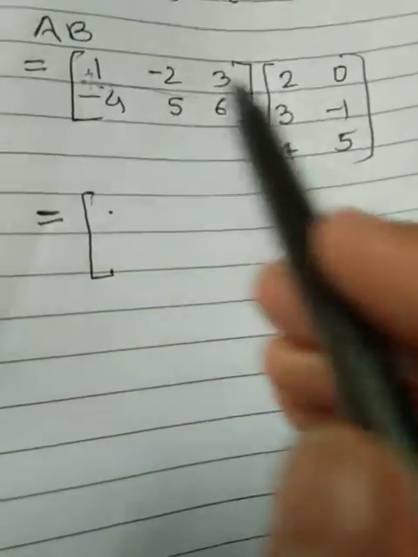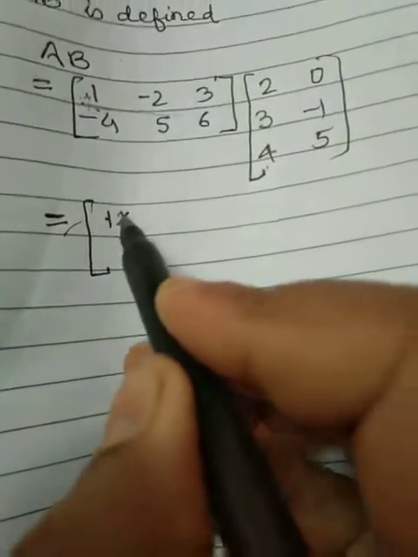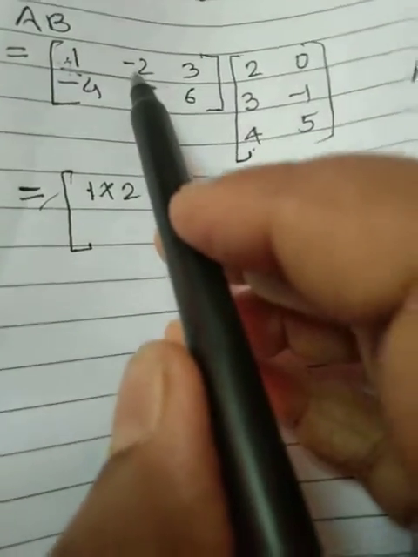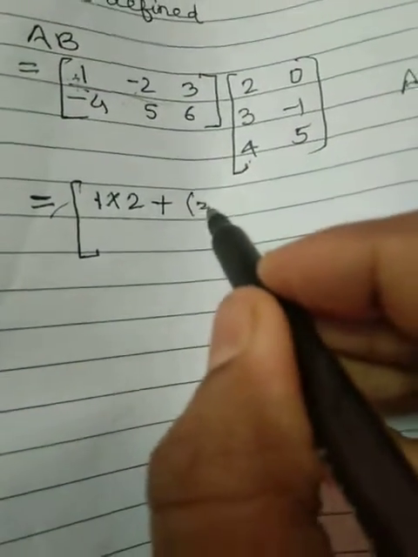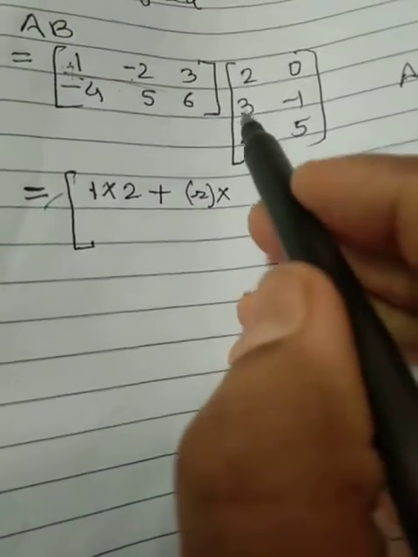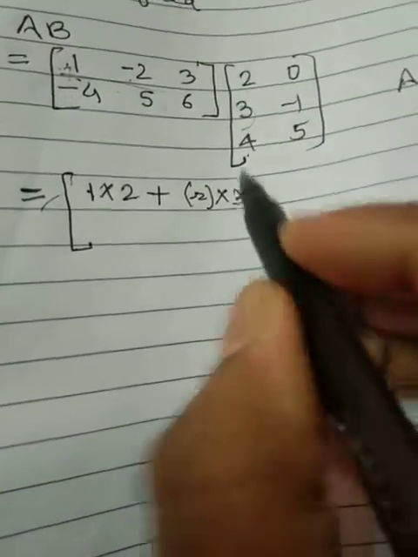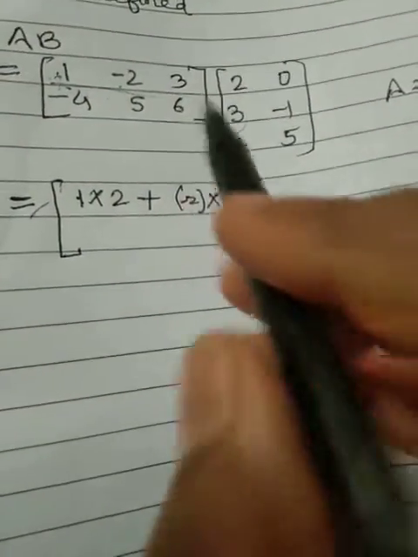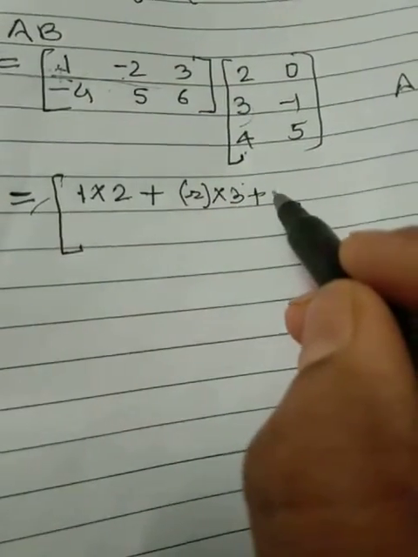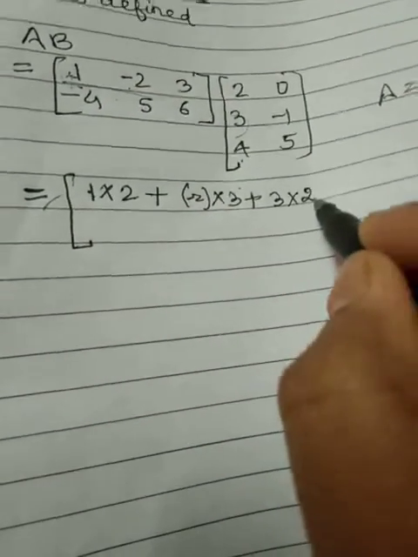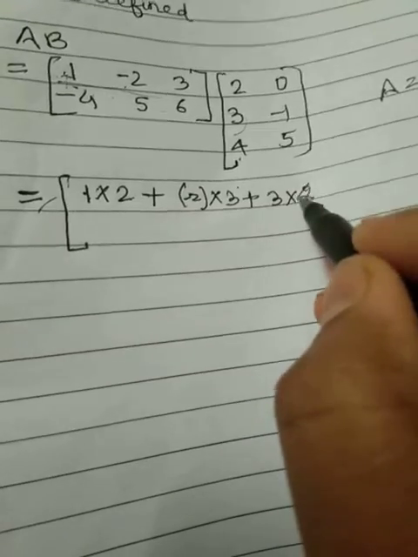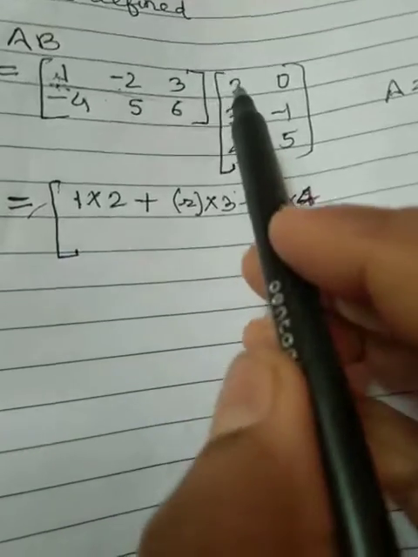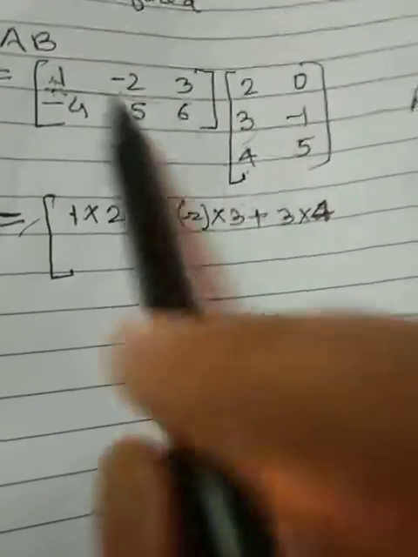So let's multiply. 1 into 2, plus the next number of the first row, minus 2, multiplied by the next number 3, plus 3 into 4. Did you get it? First row elements will be multiplied with the subsequent first column elements.